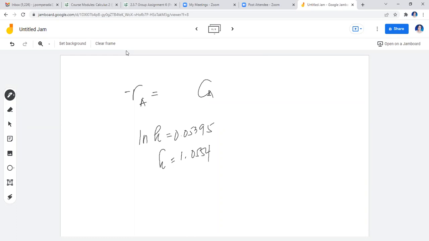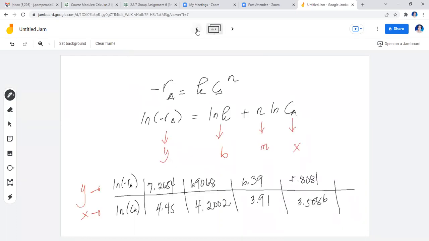Okay, you need the table. These are already the values because these are already processed using ln.